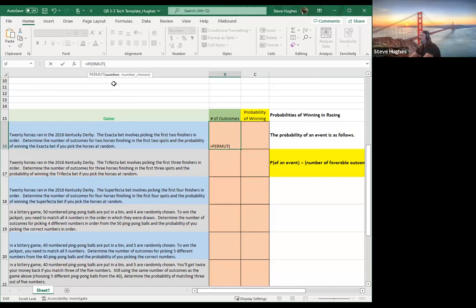Let me show you what I'm saying. I'm looking at permute: n, comma, r. n is the number I can choose from. r is the number that I'm picking or choosing. So I'm going to type in n. What is n? There are 20 horses, so that's 20, comma, r. What is r? r is the number I want to choose or pick, and that is 2.